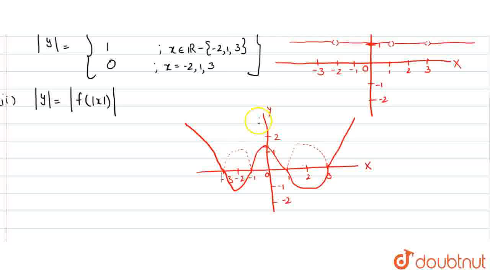So now I'll clear this graph again. If this is the y-axis and this is the x-axis, and 0 point this, 1 this, 2 this, 3 this, minus 3 is this, minus 2 is this, minus 1 is this, and 1 is this, 2 is this.